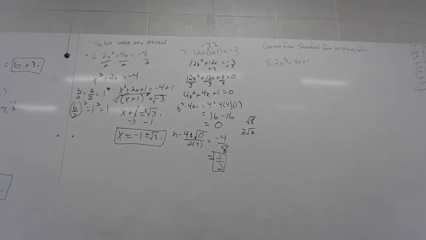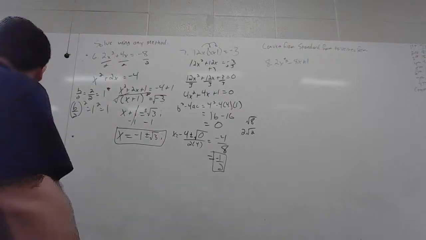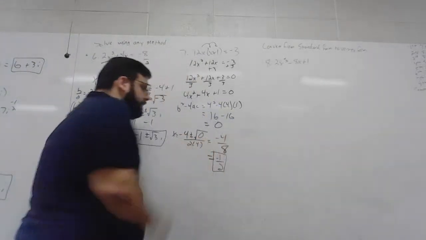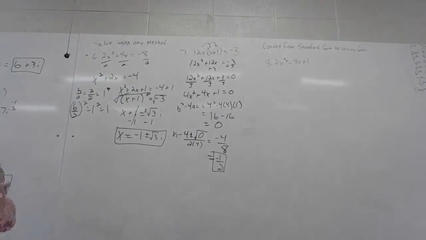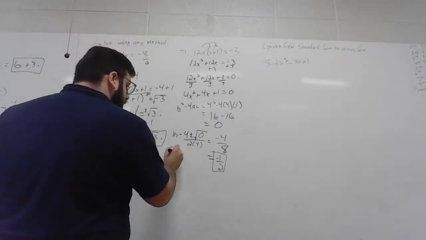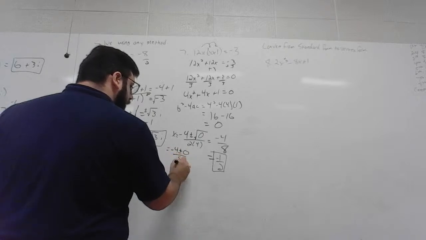If your discriminant is a perfect square, you have to take the square root of that number and you have to evaluate that. Like, for example, see how 0 is a perfect square, right? If I just worked it out, that would be negative 4 plus or minus 0 over 8.